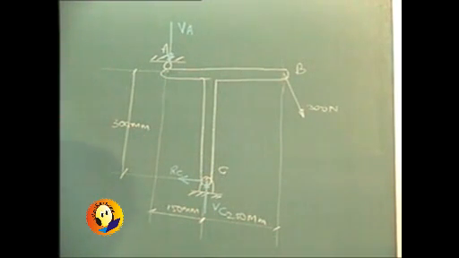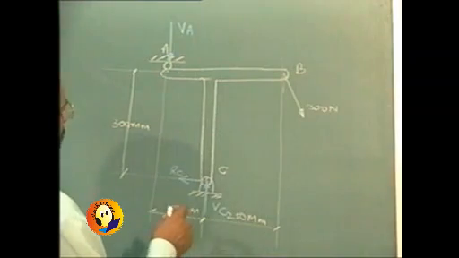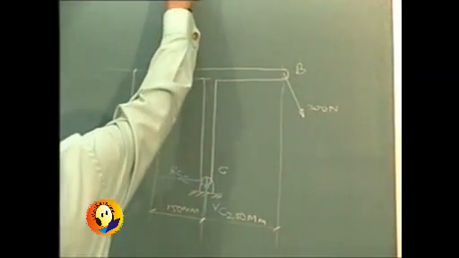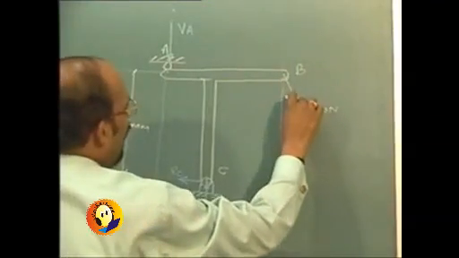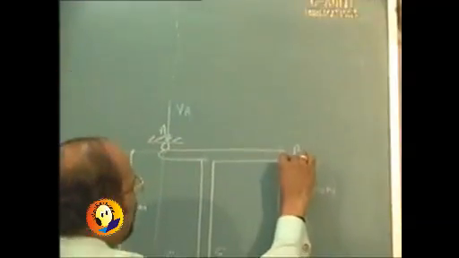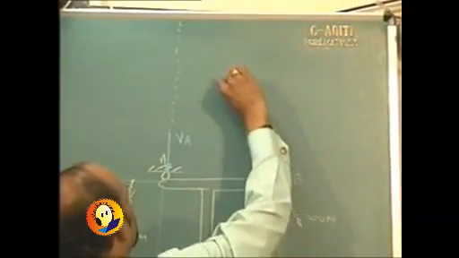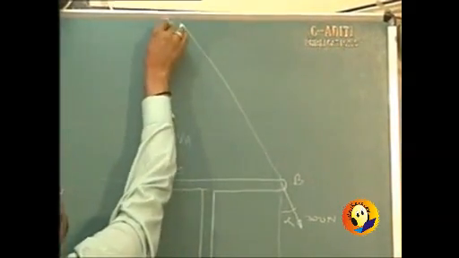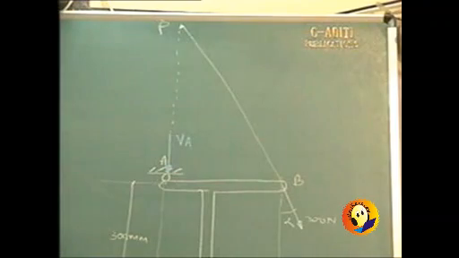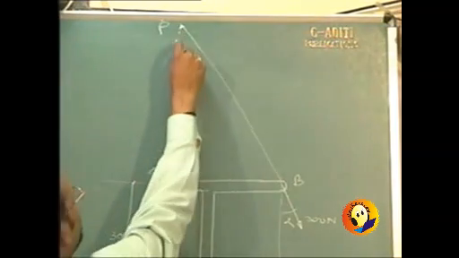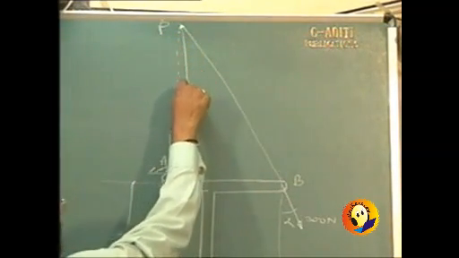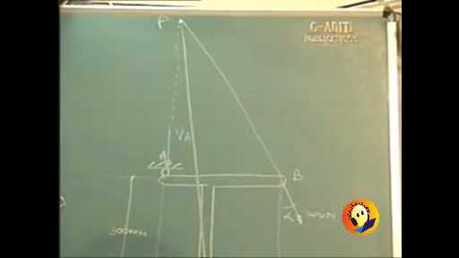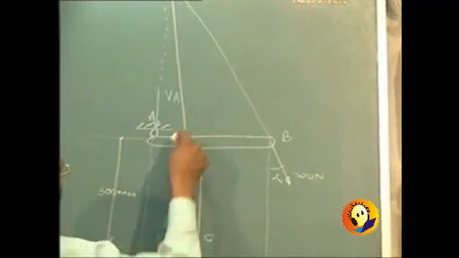So in this case, for the concurrency condition, we can consider the extension of the reaction at A and the extension of the applied force at B, and wherever these two intersect, suppose they intersect at point P, then if that point P is connected to C, we will come to know the direction of the reaction.